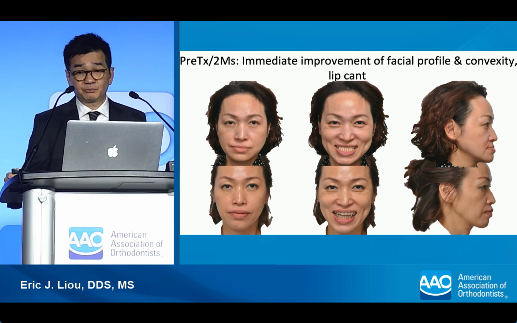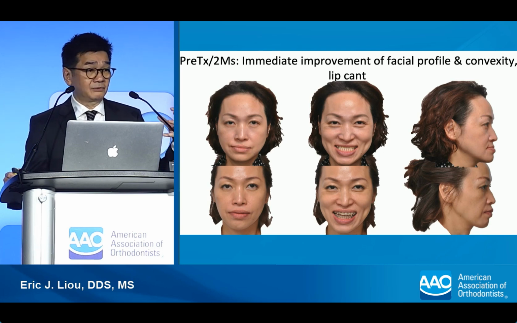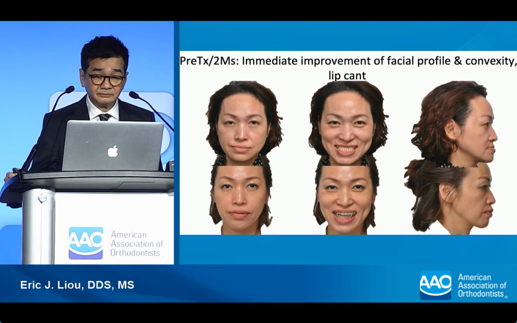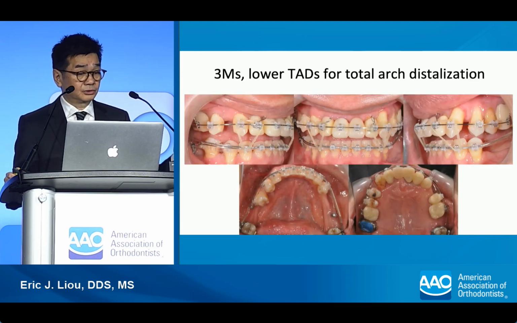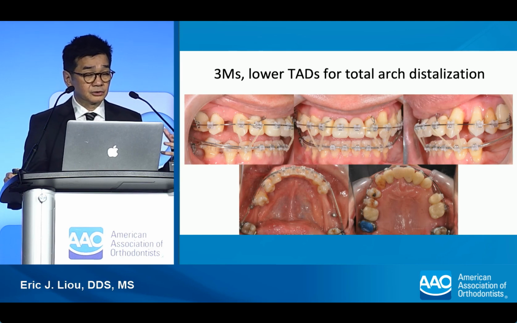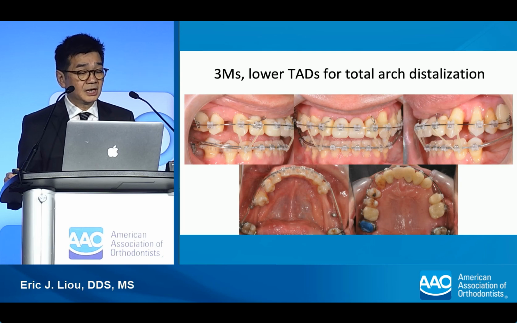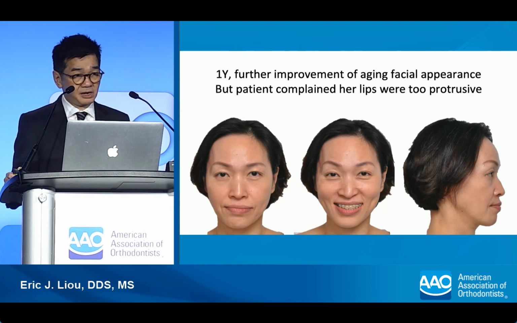The front had a classic profile into another kind of profile, which was younger and with a bimax protrusion. So for the lower, I used lower teeth to do total arch distalization to help to decrease the overjet. And after treating her for 1 year, I think her face now looks younger than before.